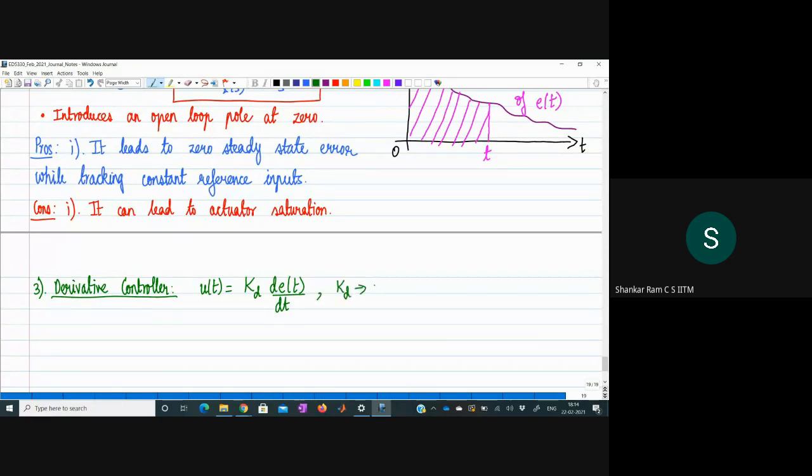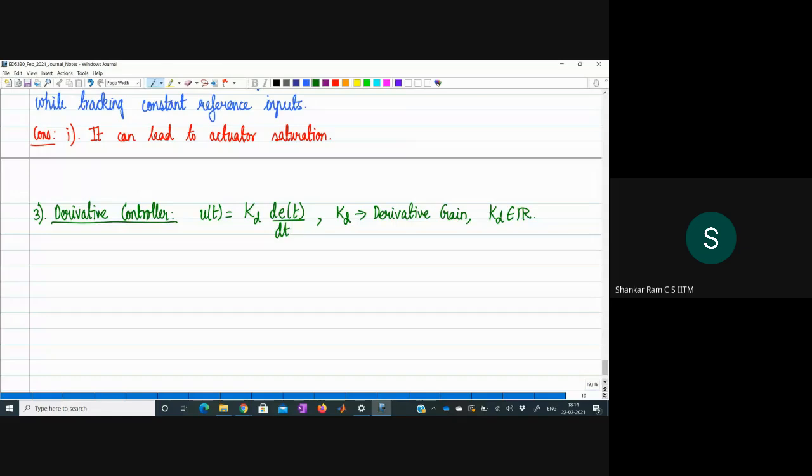So kd is what is called the derivative gain, once again a real scalar. Now if you take the Laplace transform on both sides, of course for the time being we neglect the initial condition.